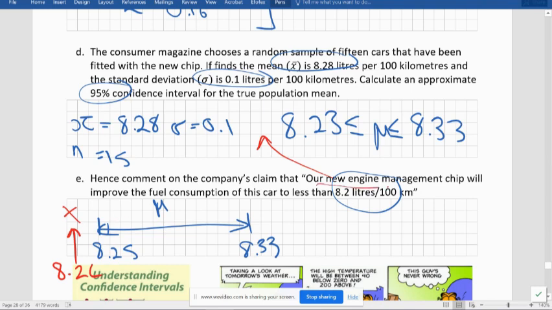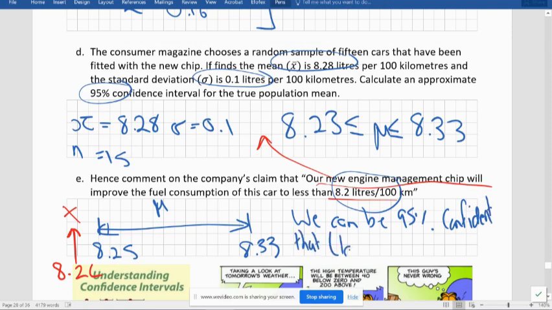Our new management chip will improve fuel consumption to less than that. That's not right. So we just say a statement: we can be 95% confident, can't be 100% confident, that the claim is not true. But we have to have a reason, okay? I guess the diagram's here, but we have to explain the diagram.